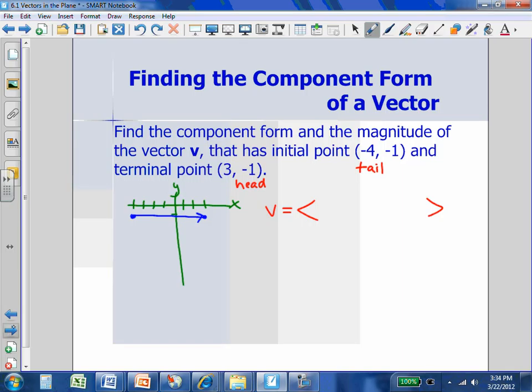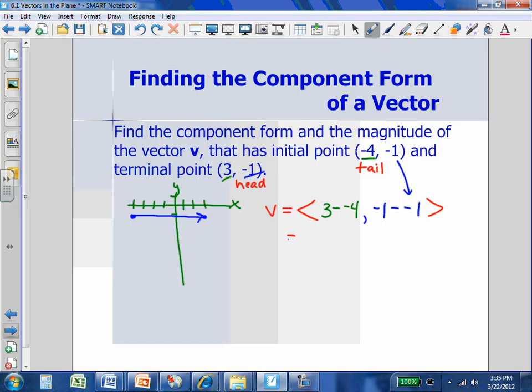Now we're going to find the difference between the head and the tail. So we're going to take 3 from here, and we're going to subtract the tail's horizontal component, which is -4. I'm subtracting -4. And then the next piece, do the same thing, same order. Do -1 from here, subtracting -1 from here. Well, we can just clean that up a little bit.